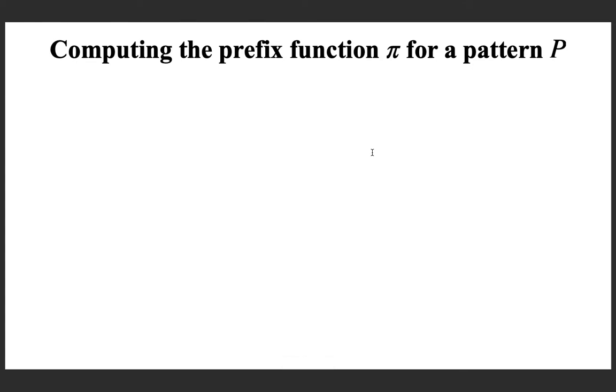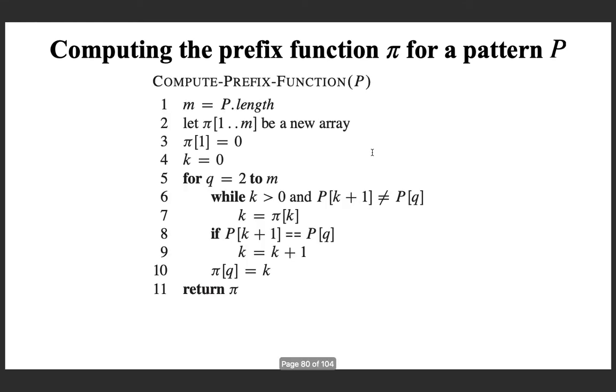Now we can look at the algorithm which I copied from the text and which does what we observed. M is the length of the pattern and pi is the array in which you are going to store the values of pi that we just computed.